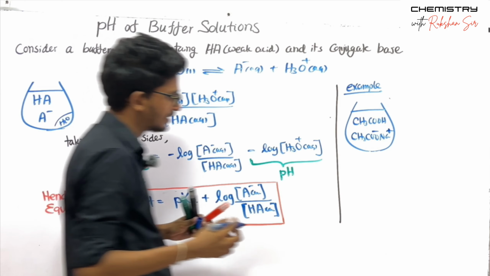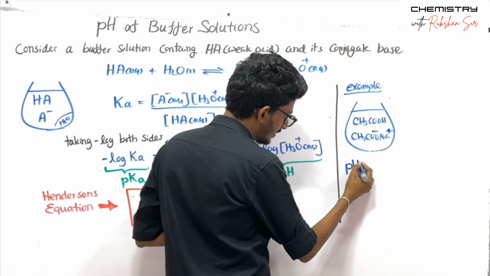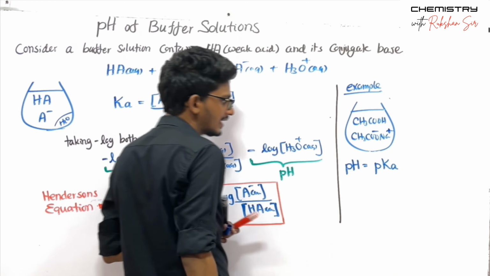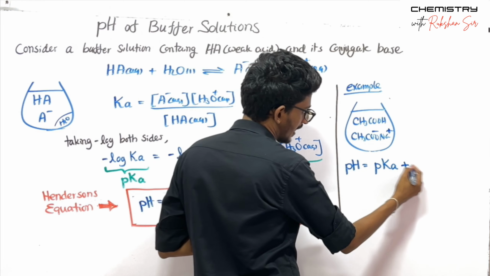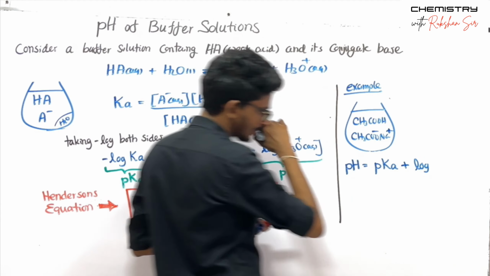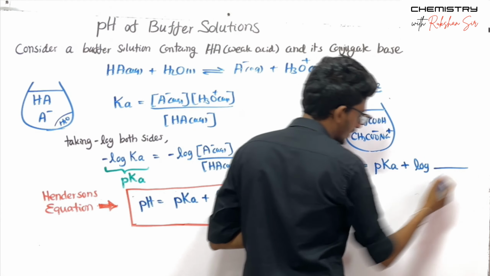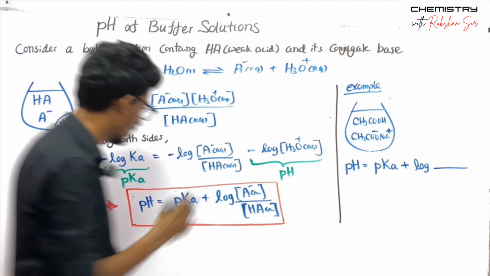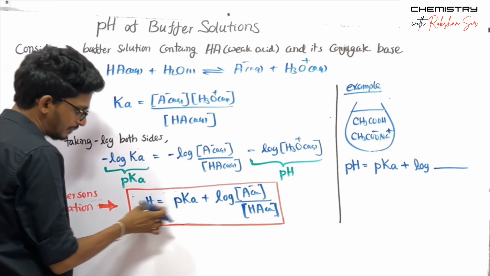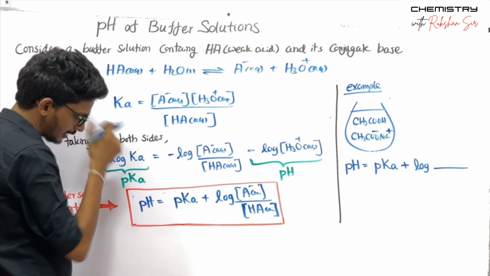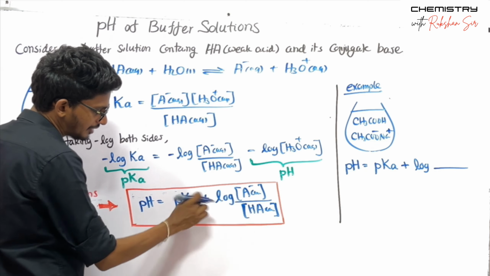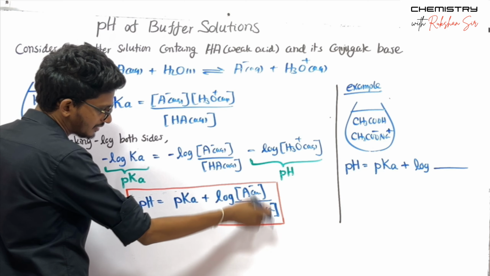We can write pH is equal to pKa plus log, at the bottom you have the acid, at the top you have the conjugate base.